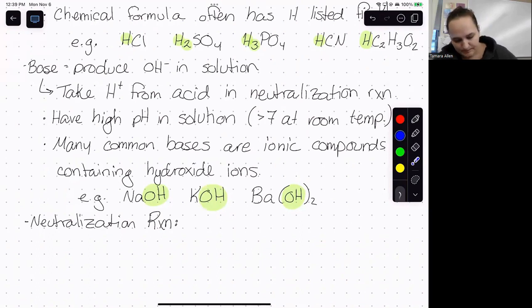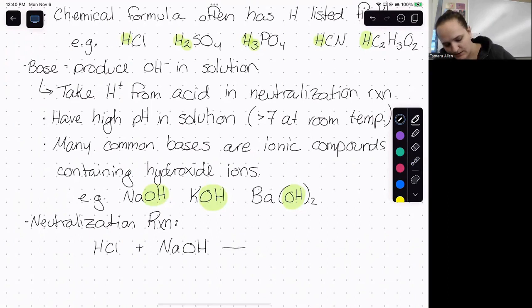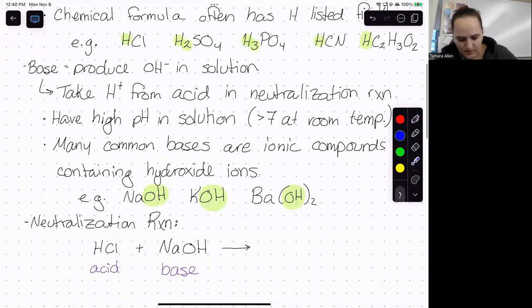So for example, one of the simplest, most common neutralization reactions is between hydrochloric acid and sodium hydroxide. We can see we have a typical example of an acid here where the formula starts with hydrogen, and we have a very typical example of a base where our formula contains a hydroxide.